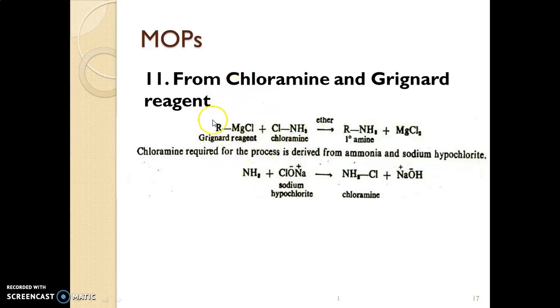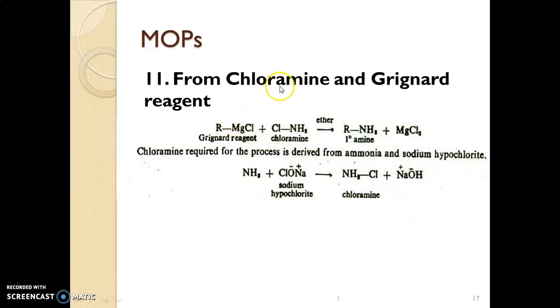Now, whatever chloramine is required for the production of primary amine can be derived from ammonia and sodium hypochlorite. So here is the reaction. This is the ammonia, this is the sodium hypochlorite, NH3 plus ClONa, and it produces the chloramine NH2Cl along with sodium hydroxide.